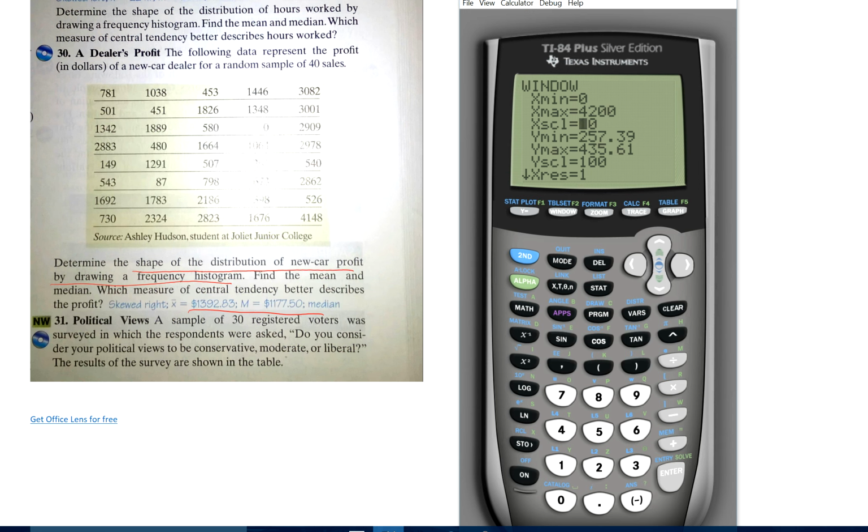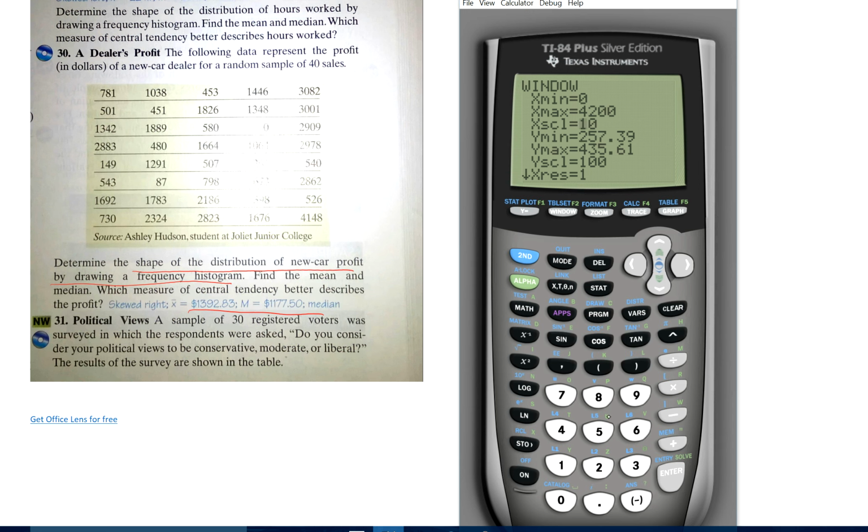And my scale, how wide I want my classes to be. Oftentimes it depends on how many classes I want. With my calculator, I get to change it real easily. If I wanted, say, 10 classes, I could divide 4200 by 10, and it would be 420 wide, right? Or I could go $500 wide.